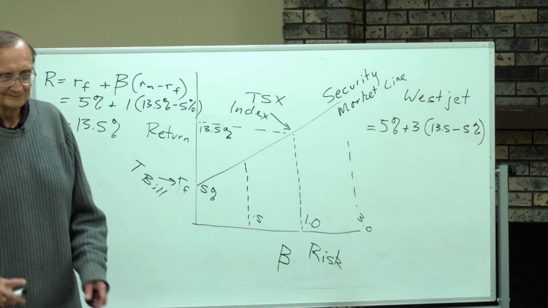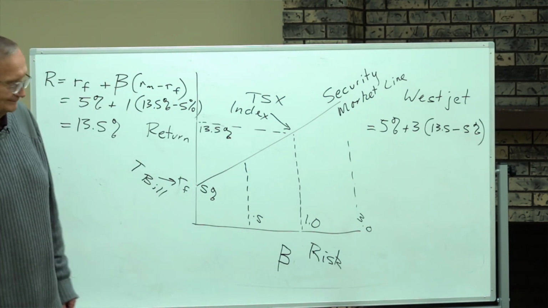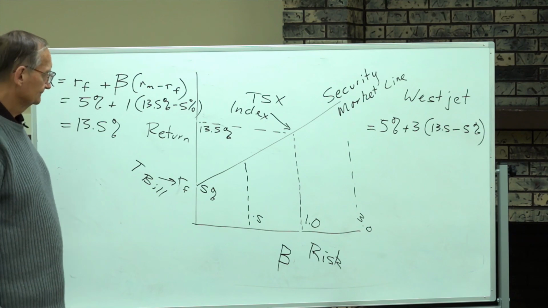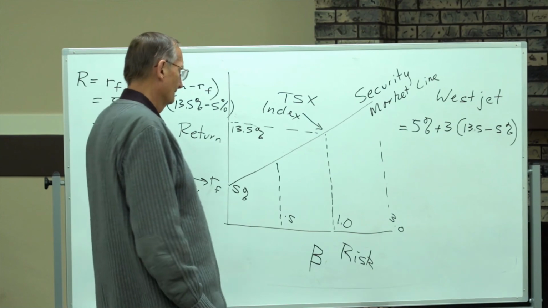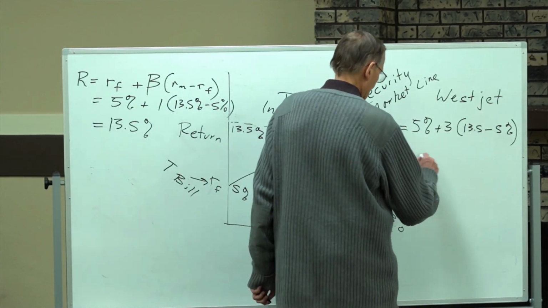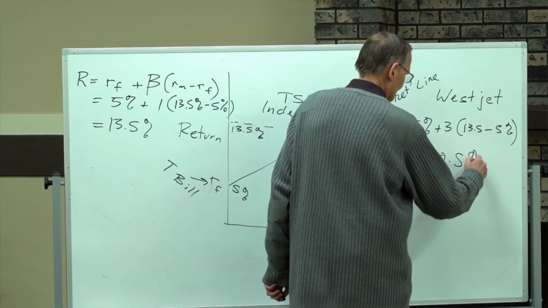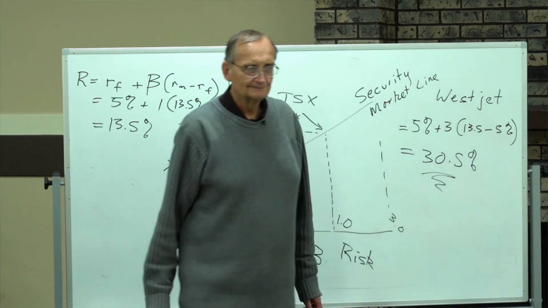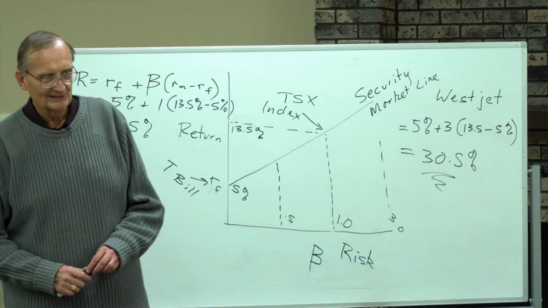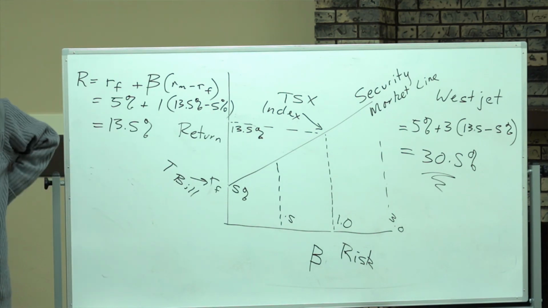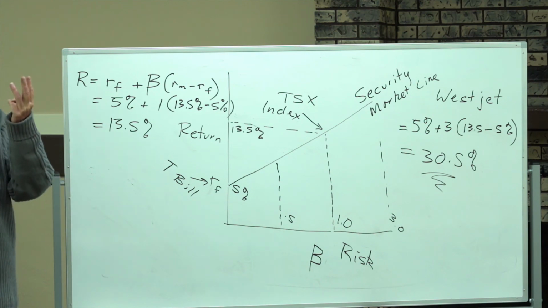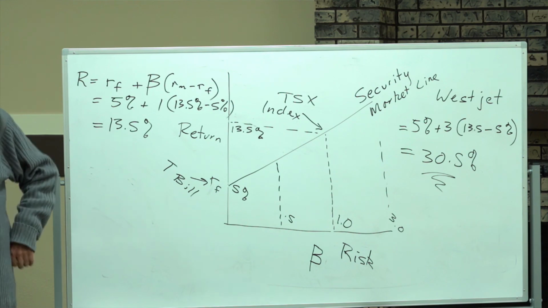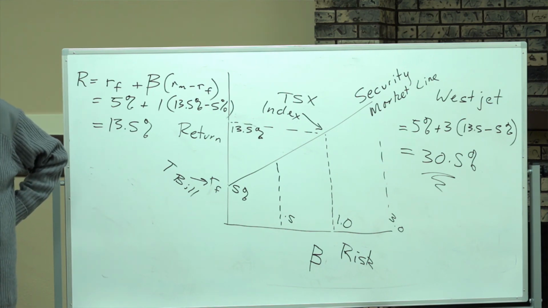Is that our formula? Anybody get 30.5%? That makes sense? You need a big rate of return or you ain't going to be buying it because it's very risky because it's a beta of 3. It's 3 times riskier than the stock market. We okay?